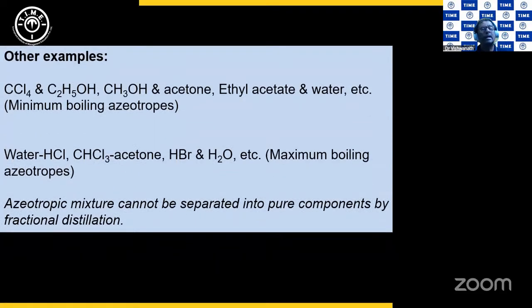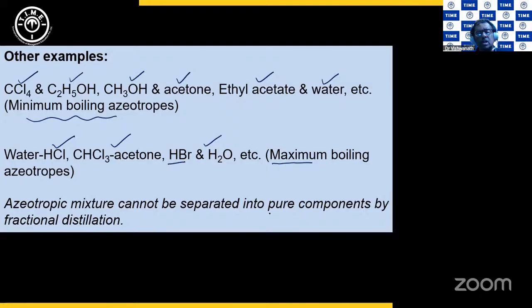Now there are other examples, right? Minimum boiling azeotropes. What do we have? Carbon tetrachloride, ethyl alcohol, methanol and acetone, ethyl acetate, and then water. Similarly, for maximum boiling, we have water HCl, chloroform acetone, we have seen. HBr is also mineral acid and water.